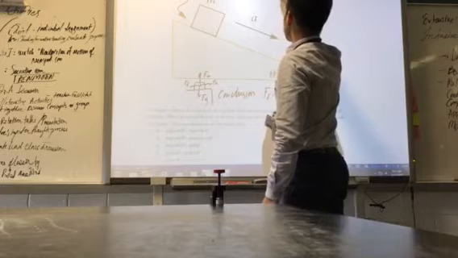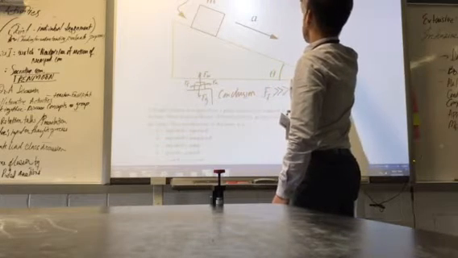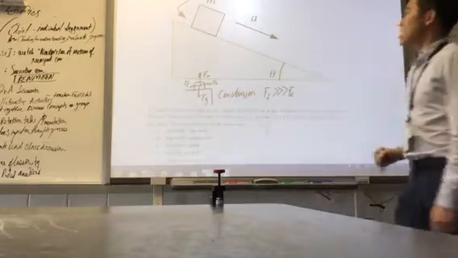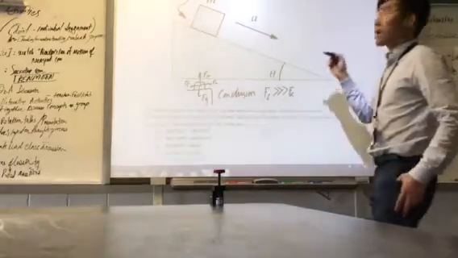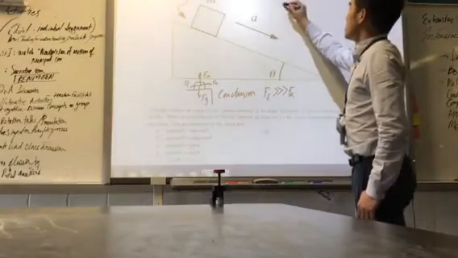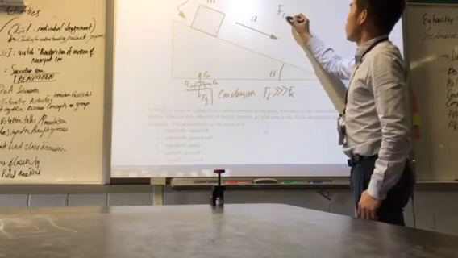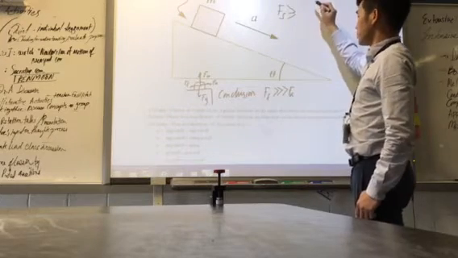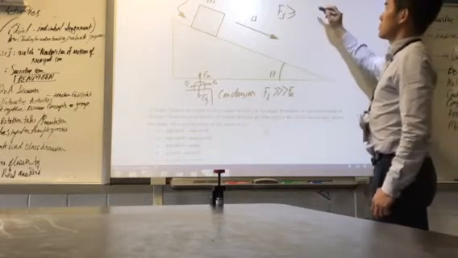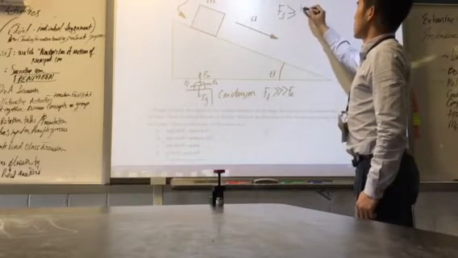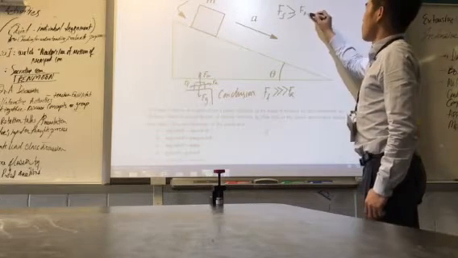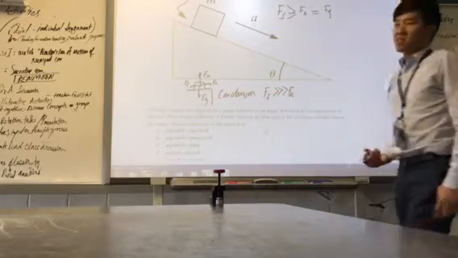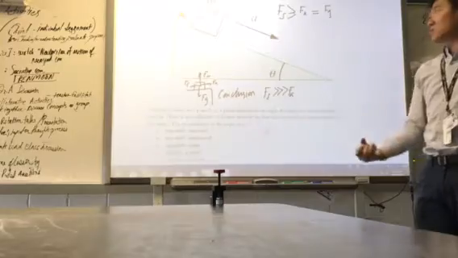If the box is not moving at all, we can interpret that the frictional force is much greater than the applied force, which in this case is the force due to gravity, because the force of gravity is pulling the box down.